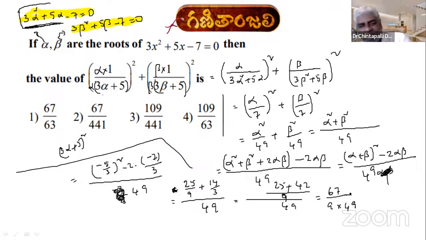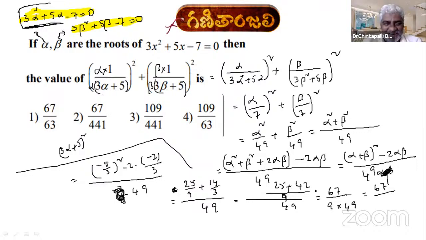Is it 441? 9 times 49? No, sir. Yeah, check it. 67. Very good. 67 by 9 times 49 is? 441. Are you sure? Yes, sir.